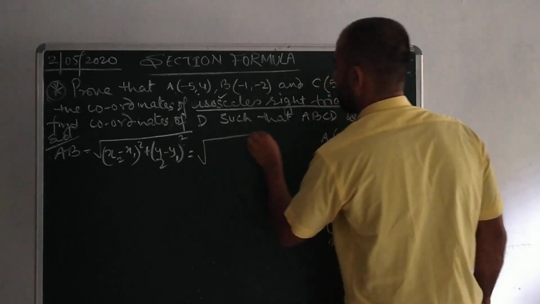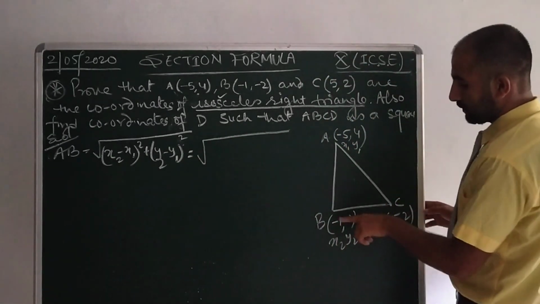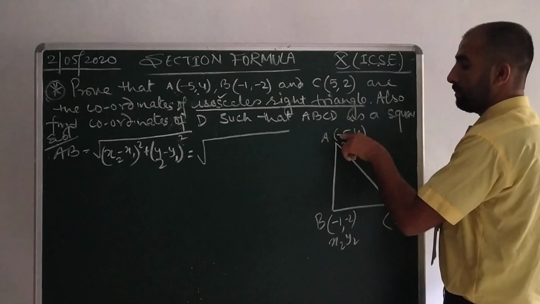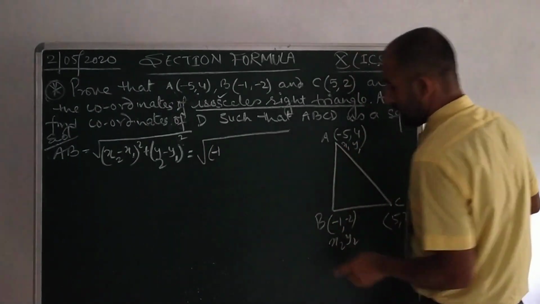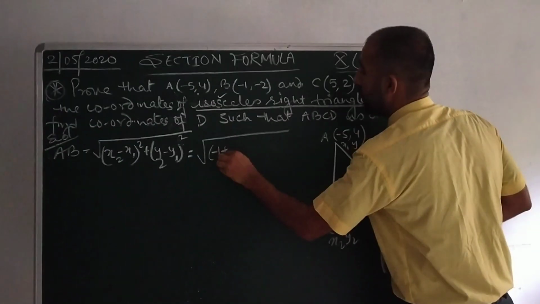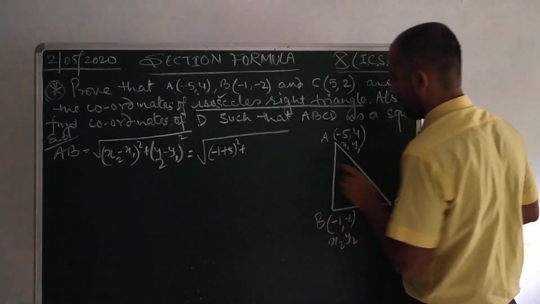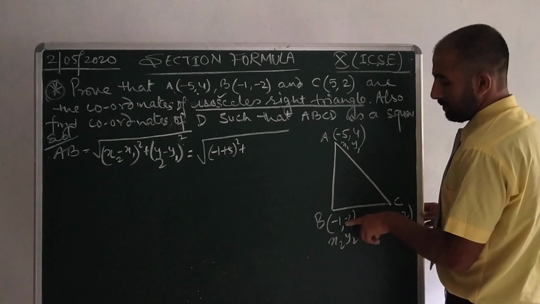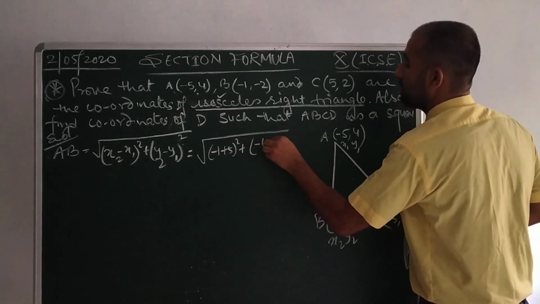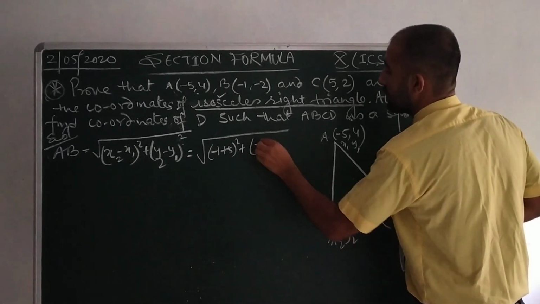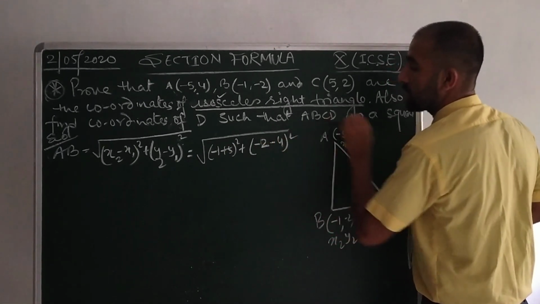That will be (minus 1 minus of minus 5, which becomes plus 5) whole square plus (y2 minus y1, that is minus 2 minus 4) whole square.